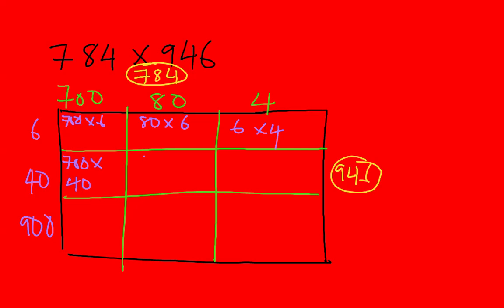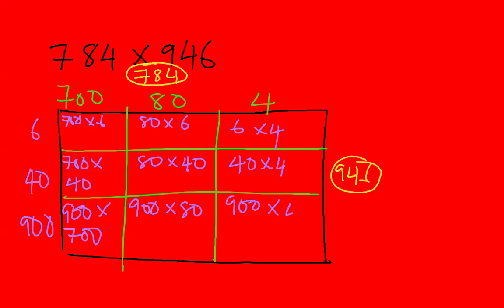Then I'll get 80 times 40. Then I'll have 40 times 4. Then on the lower side, I'm going to get 900 times 700. Then I'm going to get 900 times 80. Then I'm going to get 900 times 4. And let's put the answers here.